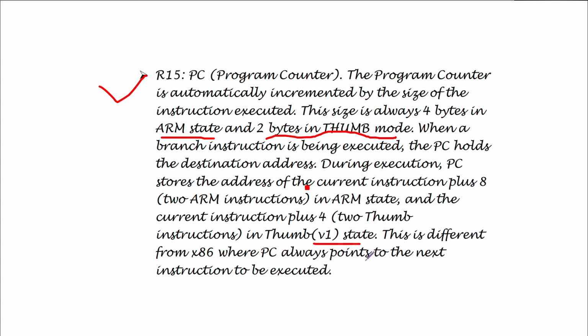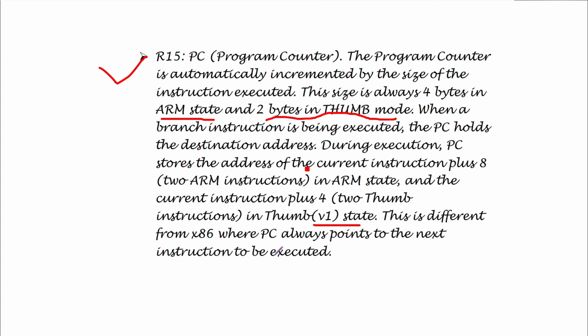So ये हमारा जो architecture है, it is slightly different from the x86 where PC always points to the next instruction to be executed. जो हम लोगों ने अपने previous architectures में देखा है, वहाँ पे PC always points to the next instruction to be executed, but here it is slightly different in ARM. So you can see here in case of your normal ARM state, PC कैसे बिहेव कर रहा है, what will it store, and thumb state में ये क्या store करेगा. So not just the address of the next instruction to be executed.